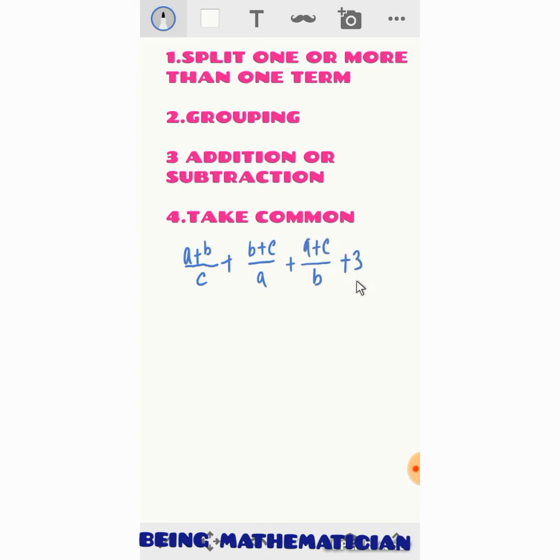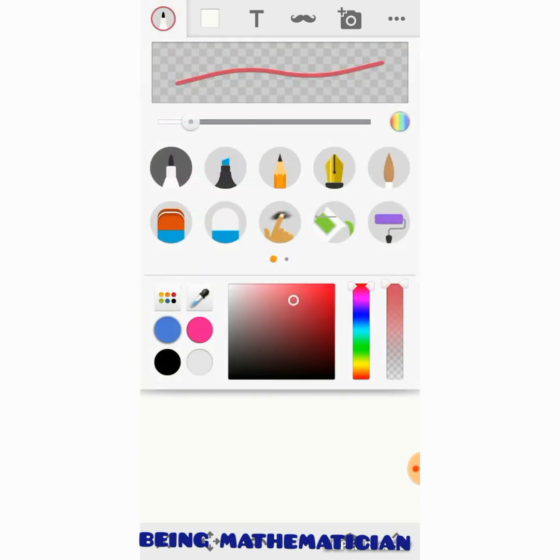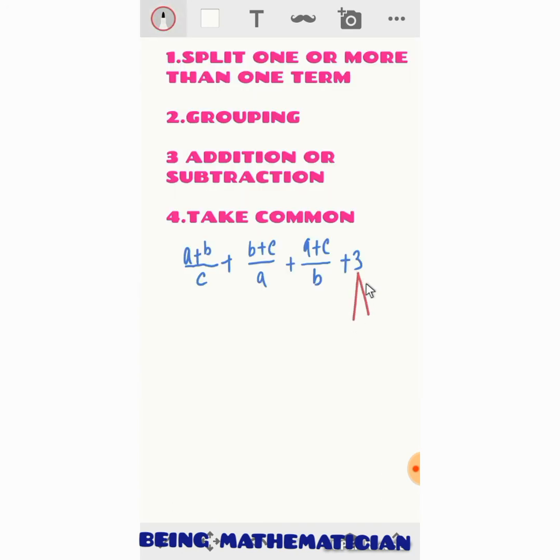We split 3 into 3 terms, that is 1 plus 1 plus 1. So we can write a plus b by c plus 1, b plus c by a plus 1, a plus c by b plus 1.